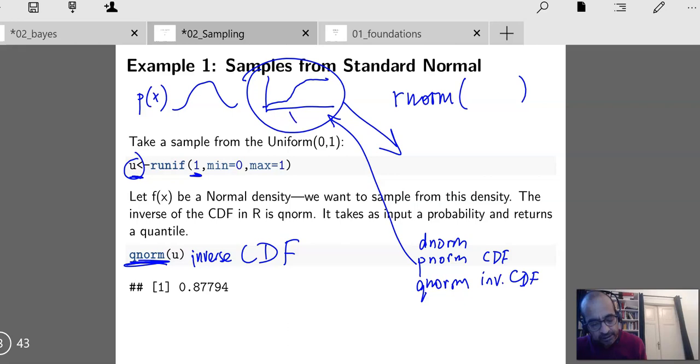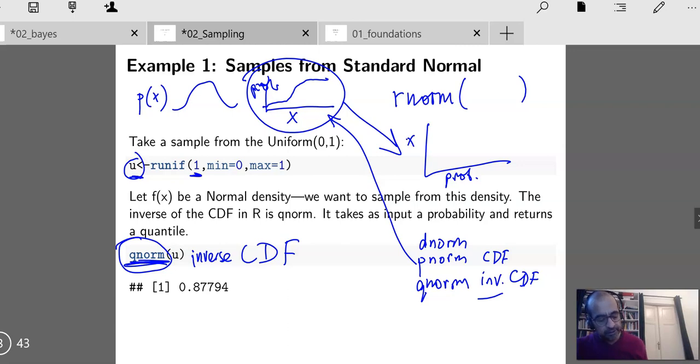So if this is X here and this is the probability, the qnorm function puts probability on the x-axis and the x's on the y-axis, right? That's why it's called the inverse of the CDF. And the function in R is qnorm, and we did some exercises on this earlier, if you remember, right?